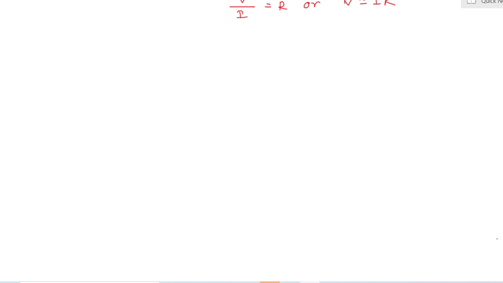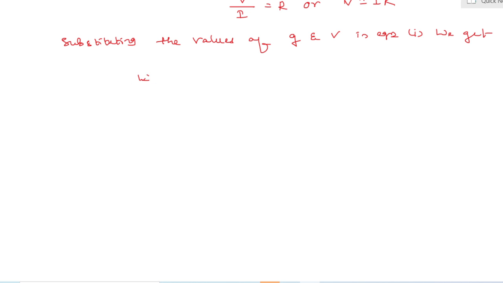Substituting the values of q and v in equation first, we get W is equal to I into T into I into R, that is, I into T into charge into resistance.